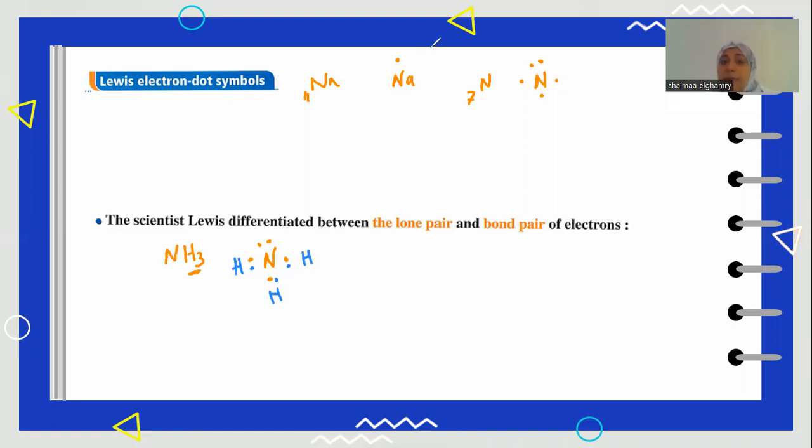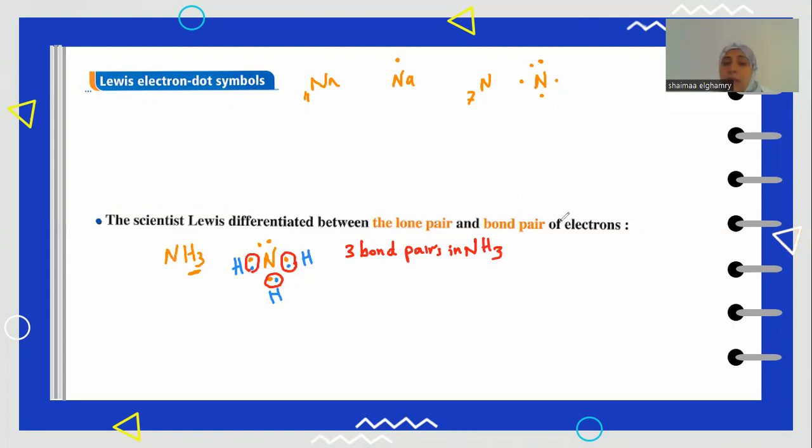Now we have 3 bond pairs. This is a pair of electrons which made a bond. This is another pair which made another bond, and this is another pair which made a bond. So we have 3 bond pairs in NH3.